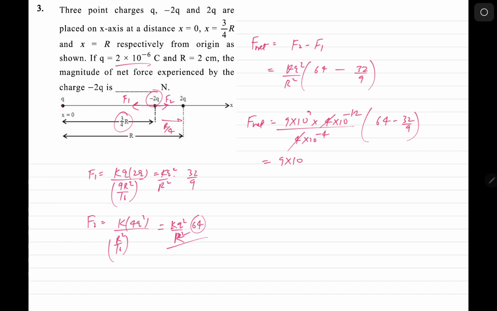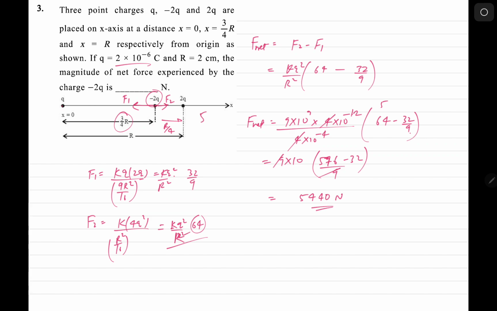Which will be like 9 fours 36, 54 plus 5, 59 minus 32 by 9. So 9 cancels here. 576 basically, just do the calculation, and this is still coming as 544. 544 into 10, 5440 Newton.